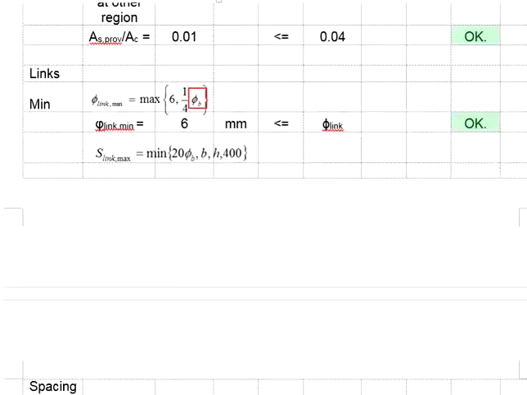The longitudinal reinforcement has a diameter of 12, divided by 4, that equals 3 mm. You need to provide a bar size of at least 6 mm. Therefore, your minimum size for the link shall be 6 mm.